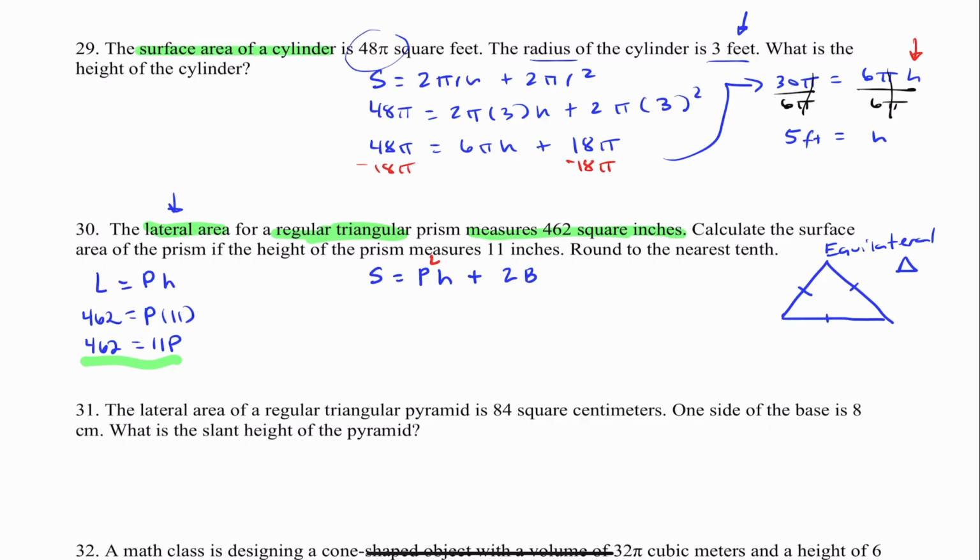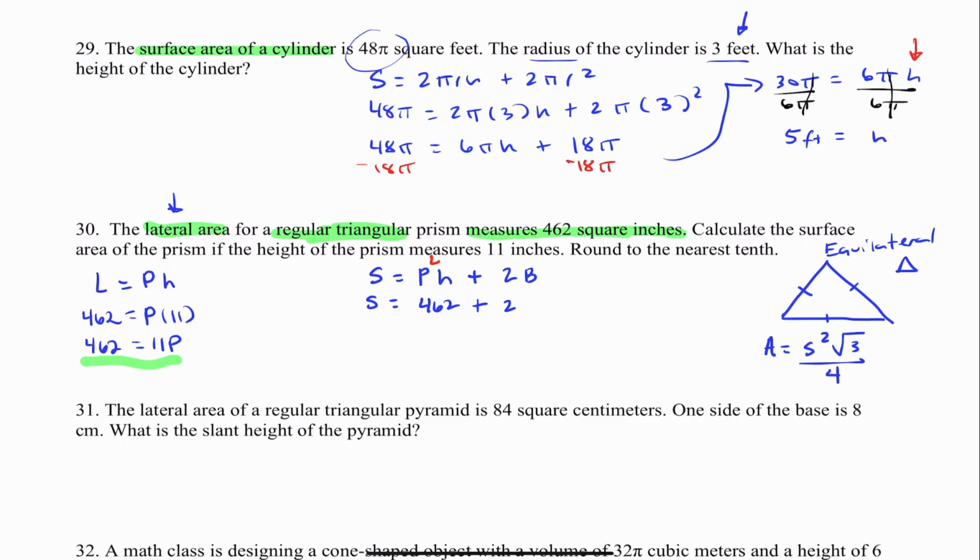Well, we know that the lateral area of this thing is 462, okay? Plus 2 times the area of the base. Well, we don't know what the area of this equilateral triangle is. The only thing that I know for a fact is that the formula is A equals side square root 3 all over 4. That's all I know.